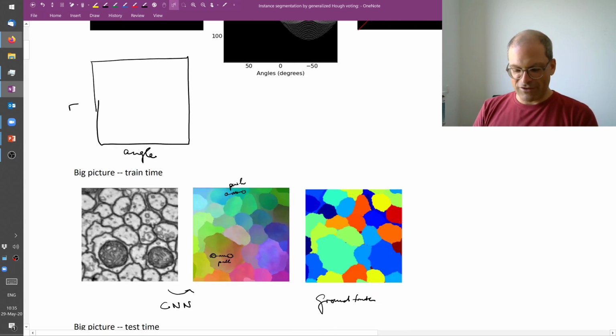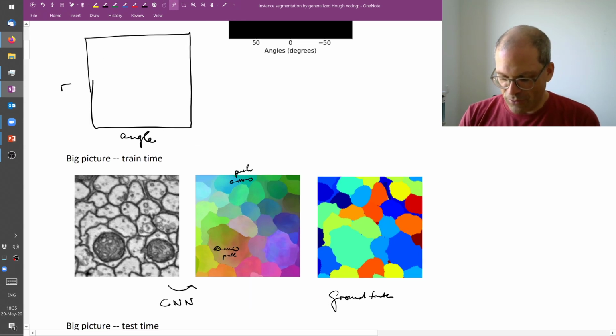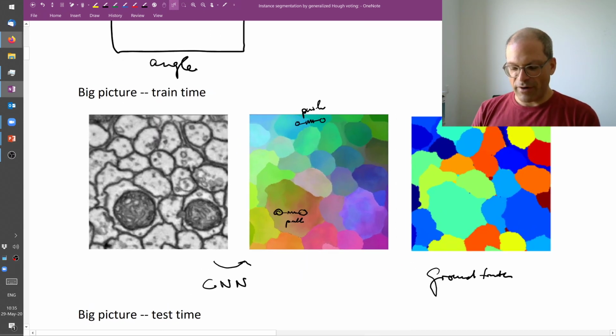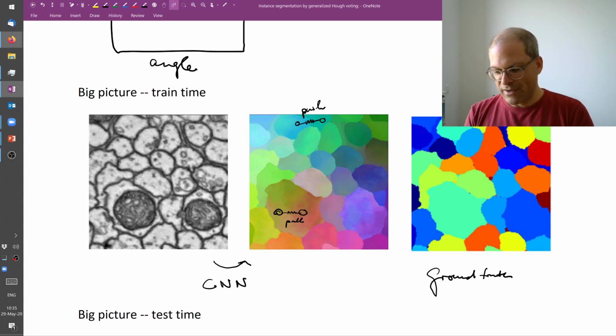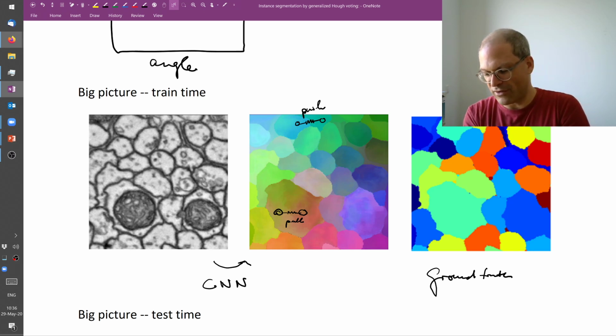Okay, I'll give you a more complicated example. Here are my much loved neuron images. So we can train a convolutional neural network to take a pixel and its local context, so to take a patch, and to embed it somewhere in a high-dimensional space. These spaces that we use are often 8 or 16 dimensional, which is difficult to plot here, but we can project them to a low dimensional space such that we can show by color where they get mapped.